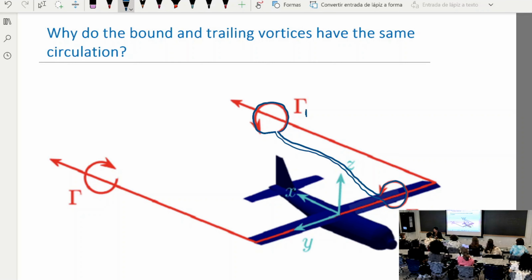Now let's imagine the break is exactly such that the sheet of vortices coming from the trailing edge passes through this thin gap.